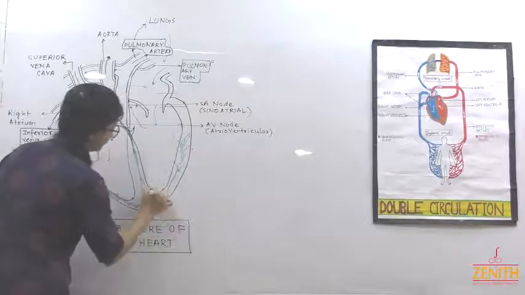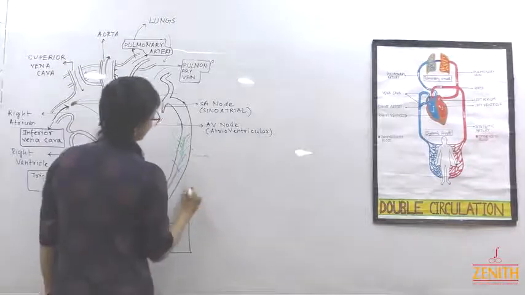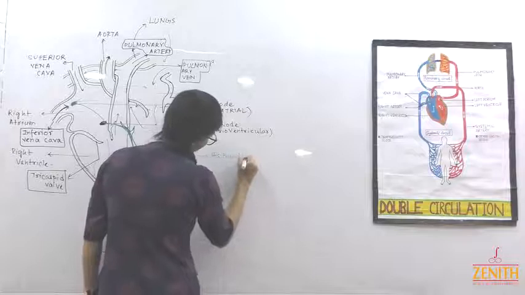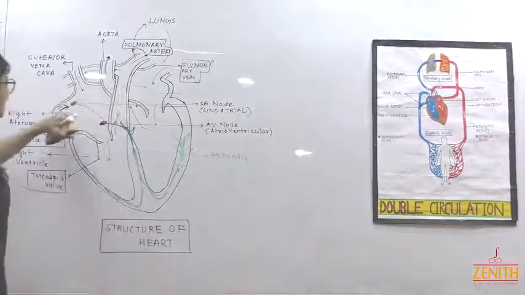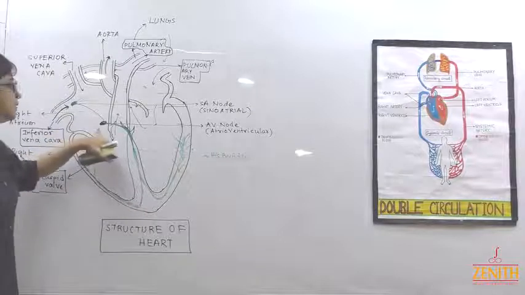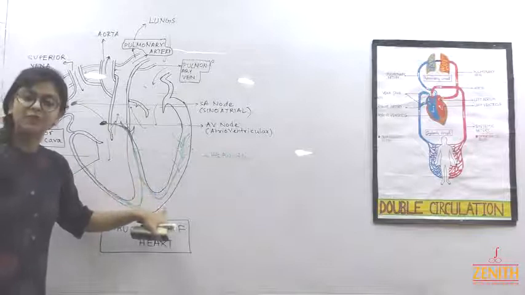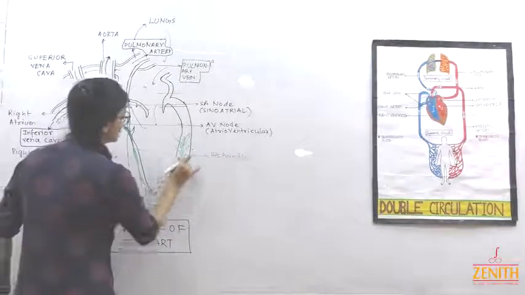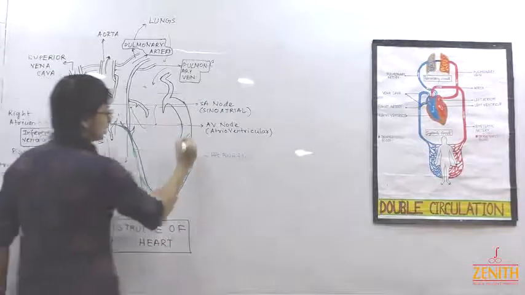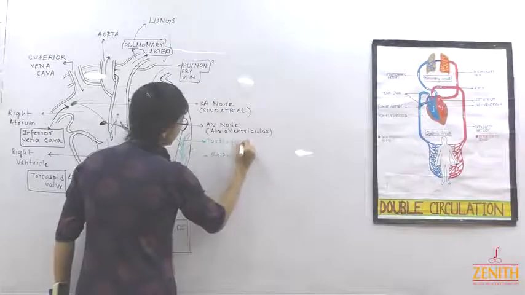It is innervating the ventricles. This bundle is basically called the His bundle. So what happened? The SA node started the electrical impulses. It will be transmitted into the AV node. From the AV node it will be carried by the bundle of His. Then through the bundle of His it will be transmitted to the ventricle. These fibers are called the Purkinje fibers.